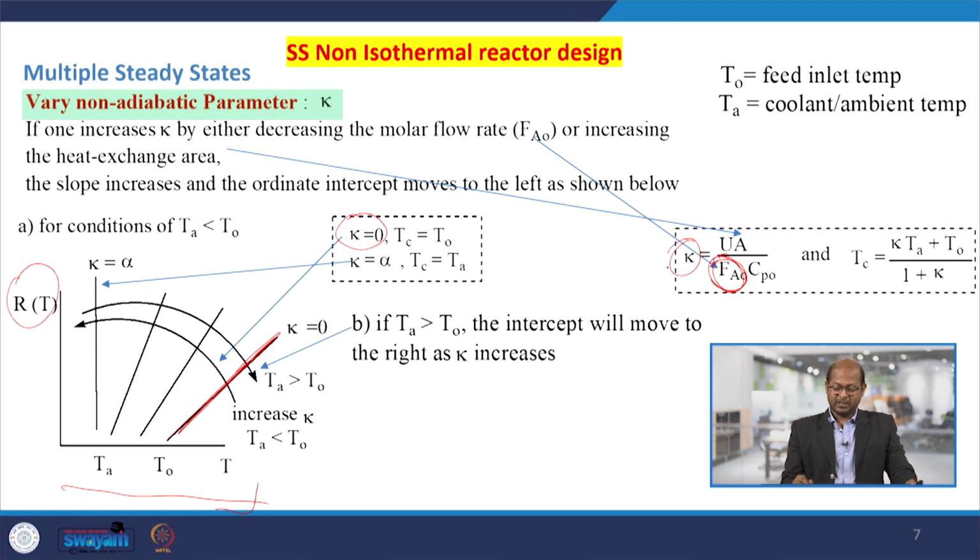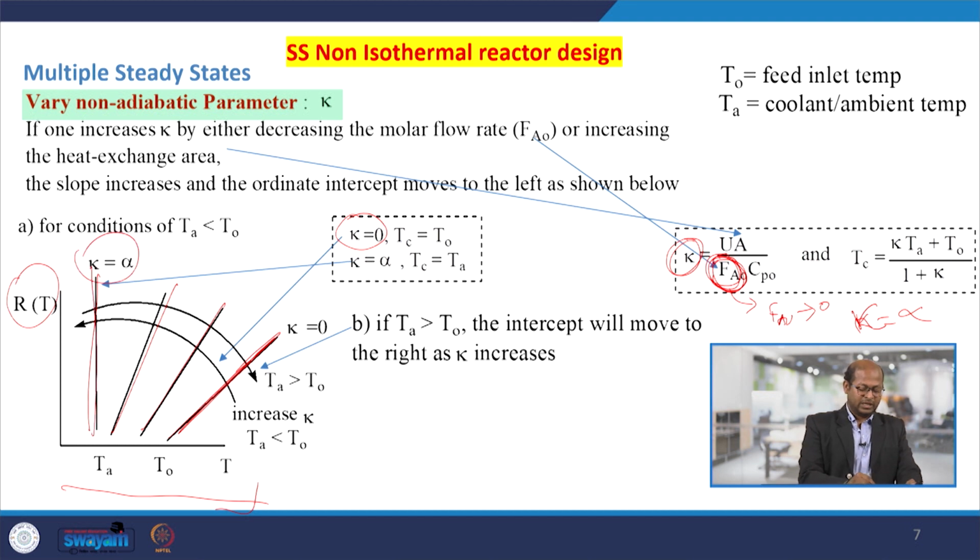And if the kappa value is gradually higher, means when Fa naught is gradually decreasing, the kappa value will increase, then these lines gradually shift. If the feed entering the reactor is at a very low value, Fa naught close to 0, then the kappa value would be infinite, and the heat removal lines will follow this.